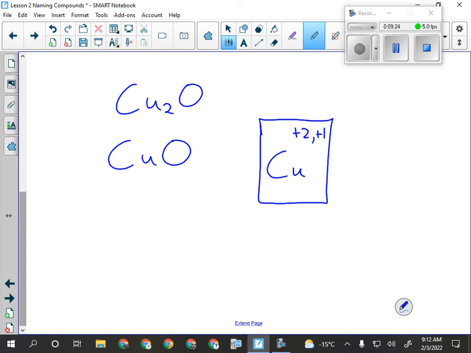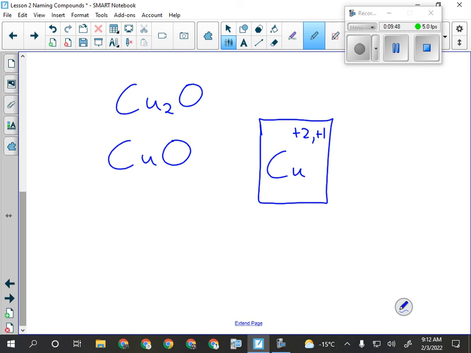This means that copper, as a metal, sometimes gives off 2 electrons, and sometimes only gives off 1 electron, which means it can get into chemical compounds in different ways. And if I don't have a way to tell people that this compound has 2 copper in it, and this compound only has 1, they're going to get confused.